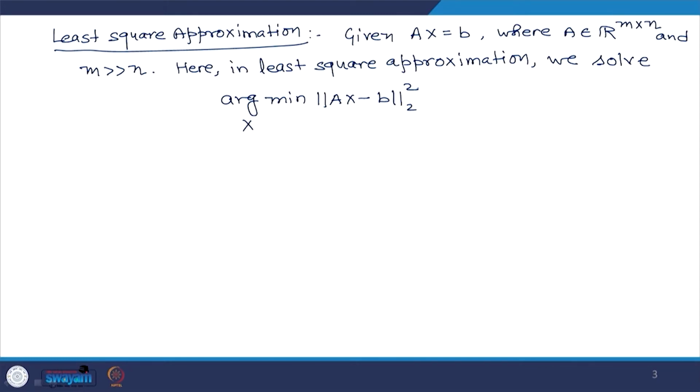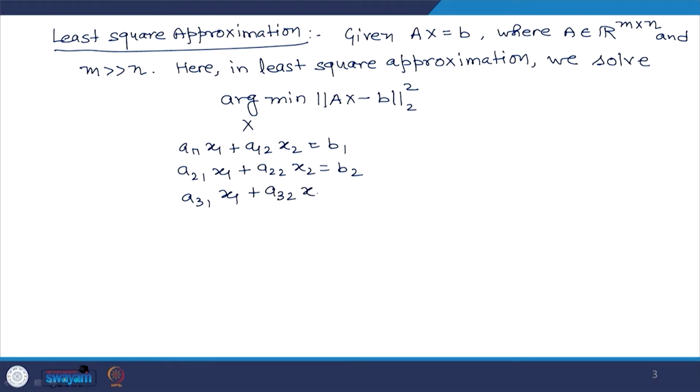How? So, for example, if you have let us say a 3 by 2 system which is given as a11 x1 plus a12 x2 equals b1, a21 x1 plus a22 x2 equals b2 and a31 x1 plus a32 x2 equals b3. So, here what is the meaning of norm Ax minus b squared?